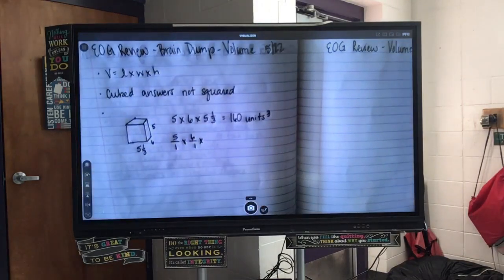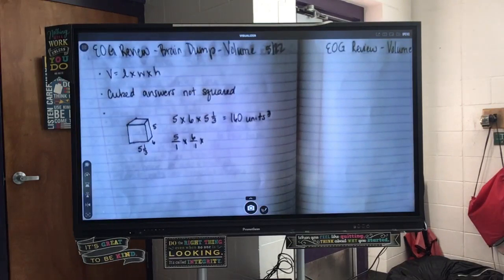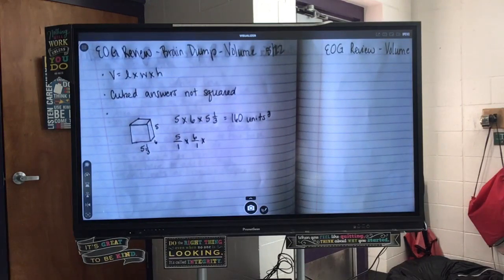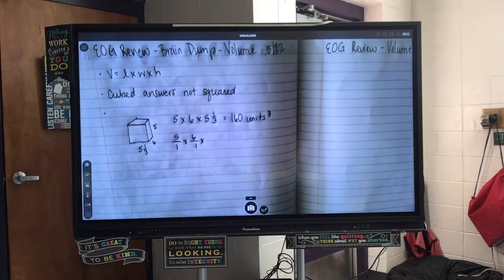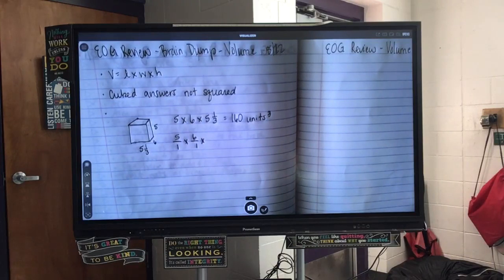So 5 over 1 times 6 over 1, because obviously those are whole numbers, we just put them over 1. But then what do we do with that 5 and 1/3? Can we multiply it as 5 and 1/3? Krishana, what do I have to do to it? How do I do that?